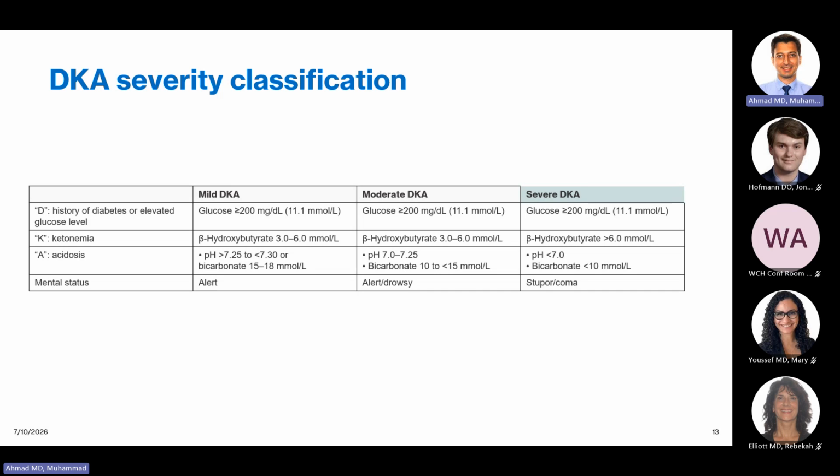For moderate DKA, blood glucose is more than 200, beta-hydroxybutyrate is greater than 6 to 9, pH is 7 to 7.25, and patients are a little bit drowsy. For severe, pH is less than 7, with stupor or coma, and the mental status is completely deranged.